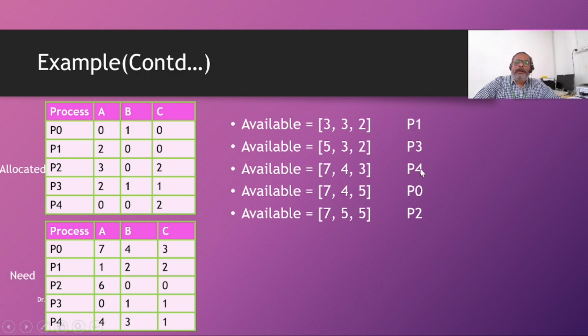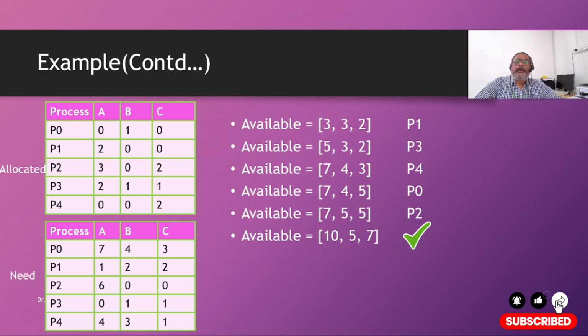After P4 we can take up P2 also, because P2 requirement is 6 0 0, and after P4 we have 7 4 3, or even after P3 we can take up P2, because we have 7 here. So there are many ways this problem can be solved.